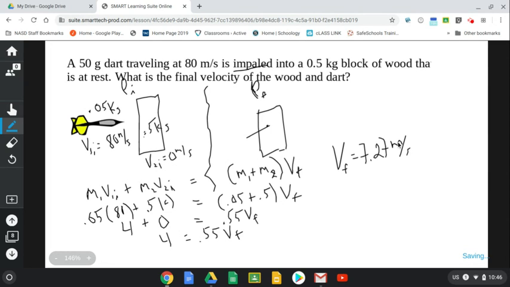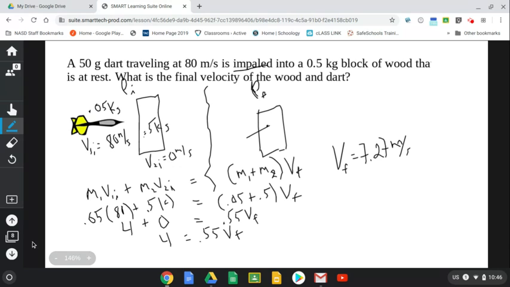So as we thought, a much lower velocity because this momentum of the dart has to now provide all the momentum for both the dart and the block of wood. Okay. So anytime this object's at rest and they stick together, the final velocity is got to be less than that initial velocity if the second one's at rest.